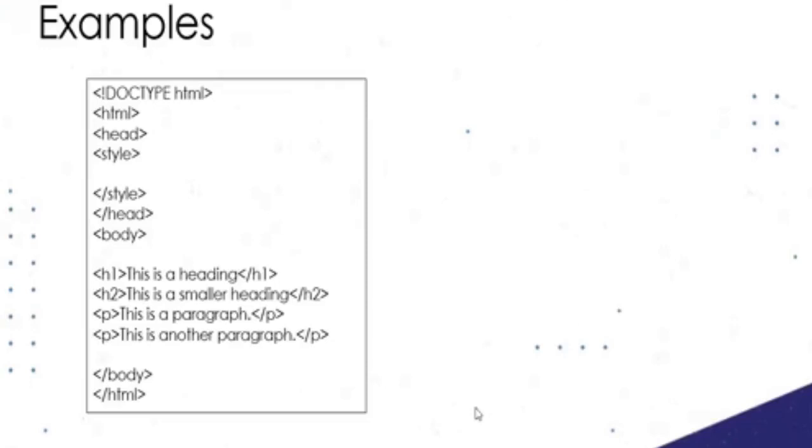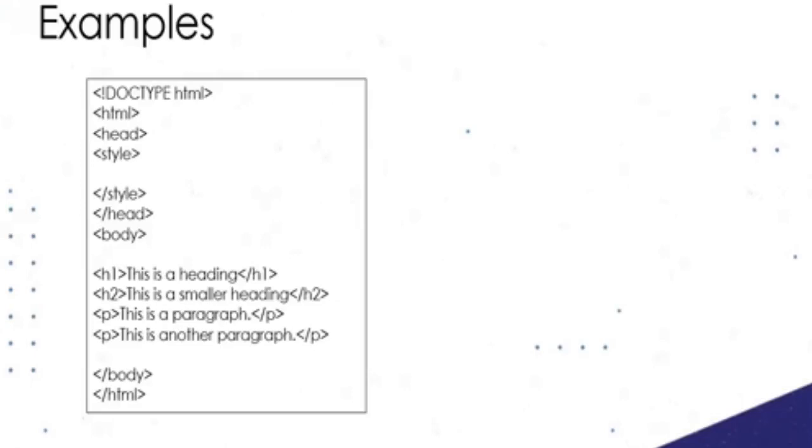Yes, Heshan, very good. H1 comma P, color red. Using ID also you can do that, but the way that Heshan mentioned, that's also correct. I think we didn't discuss this one, right?